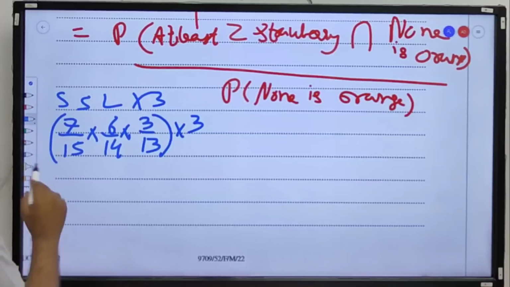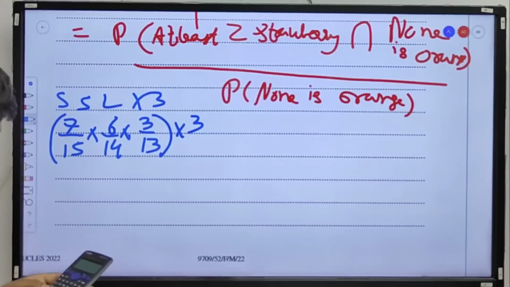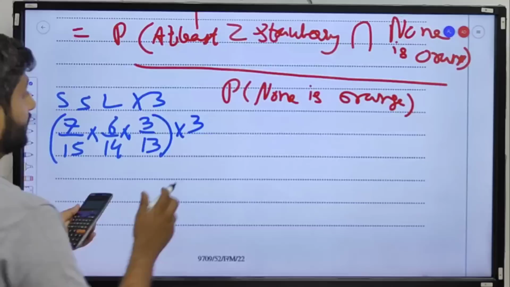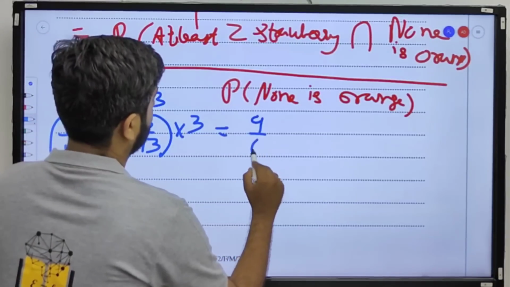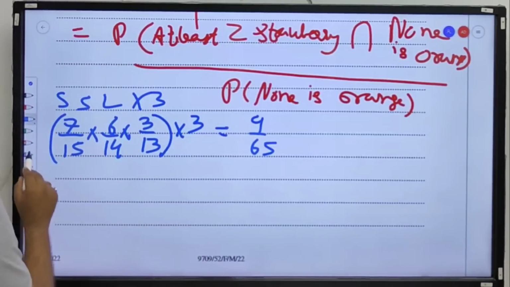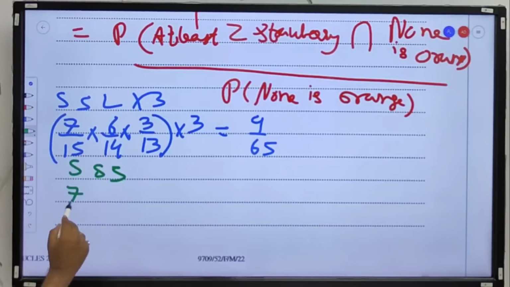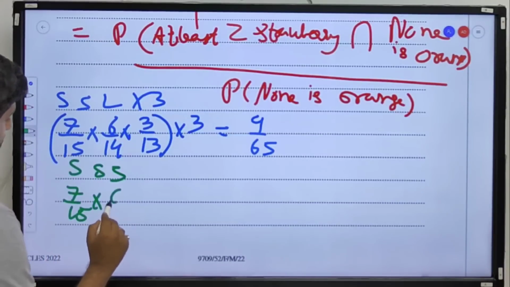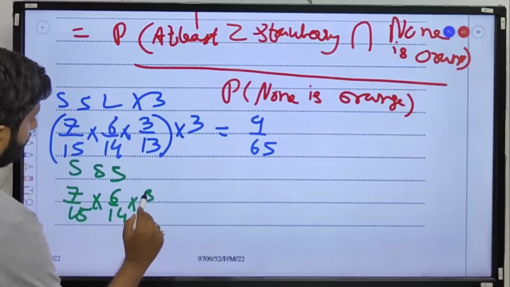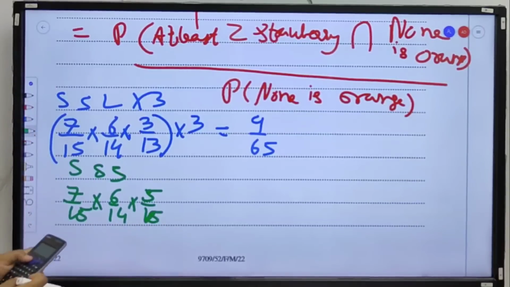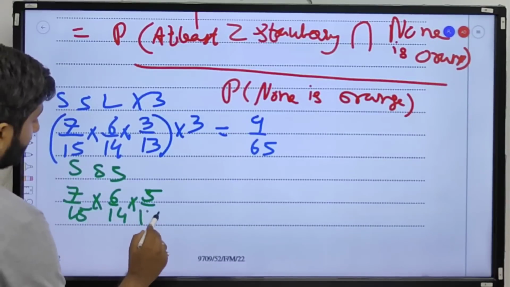Let me just solve this. 7 by 15 into 6 by 14 into 3 by 13 whole multiplied by 3. So this is 9 upon 65. And all 3 being strawberry: 7 by 15 into 6 by 14 into 5 by 13.